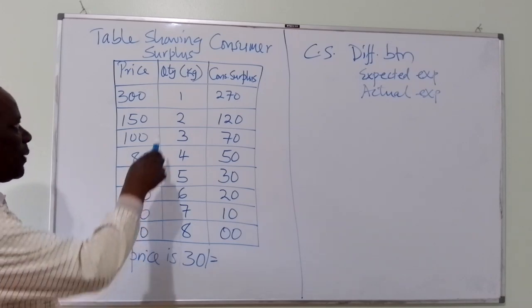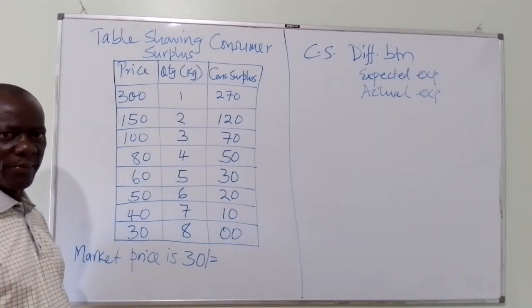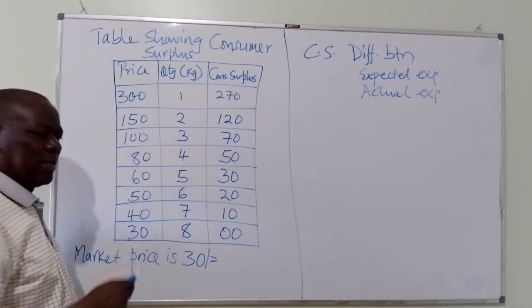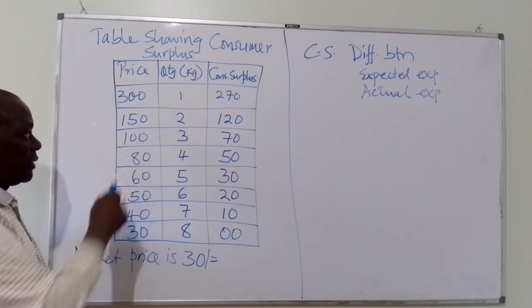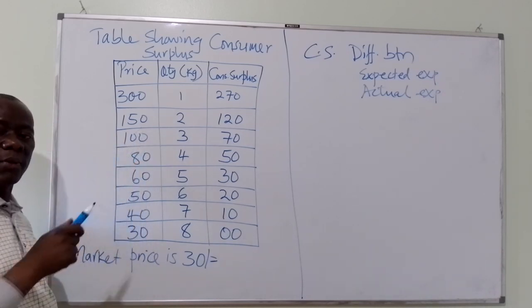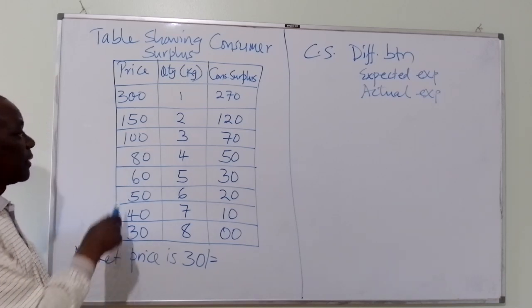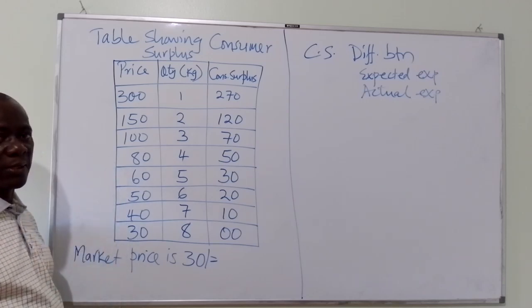He is ready to pay for the first kilogram 300 shillings. The second kilogram, he is ready to pay 150. The third one, he is ready to pay 100 shillings. The fourth, he is ready to pay 80 shillings.